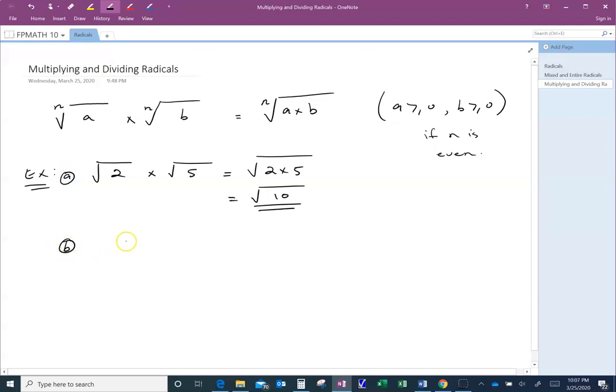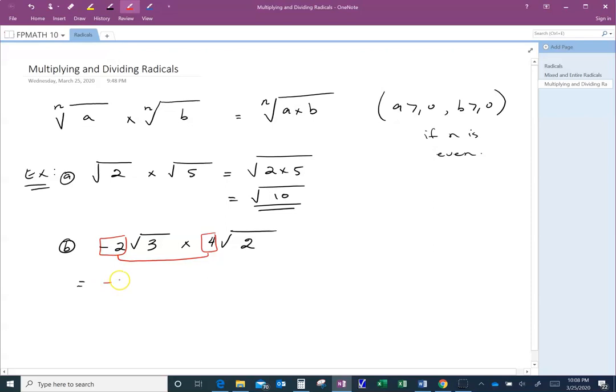Example B, let's suppose we have a number in front of the radical. This is a mixed radical being multiplied by another mixed radical. Let's suppose minus 2 root 3 times 4 root 2. In this case, the first thing you're going to do is multiply the numbers outside by each other.